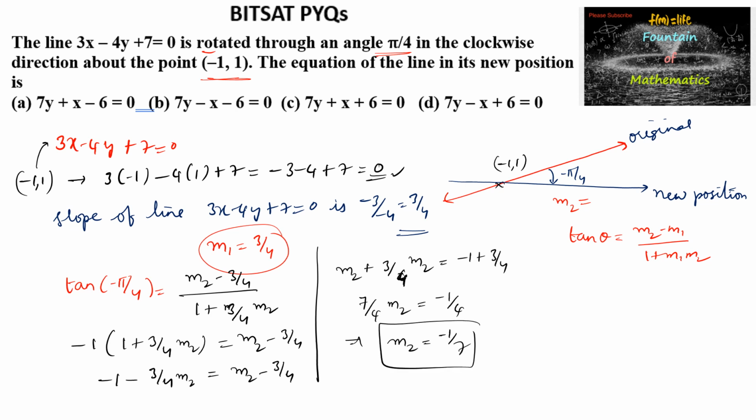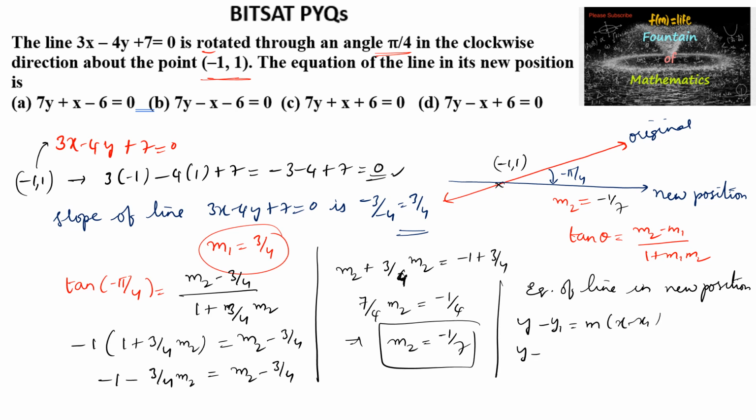The slope of the second line, the new position line, is minus 1 by 7, and hence the equation of the line in new position, passing through the point (minus 1, 1) and having the slope minus 1 by 7, we can write y minus y1 is equal to m times (x minus x1).